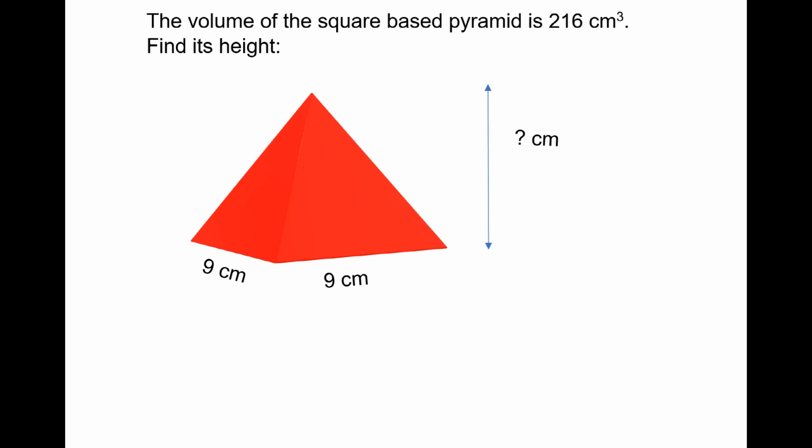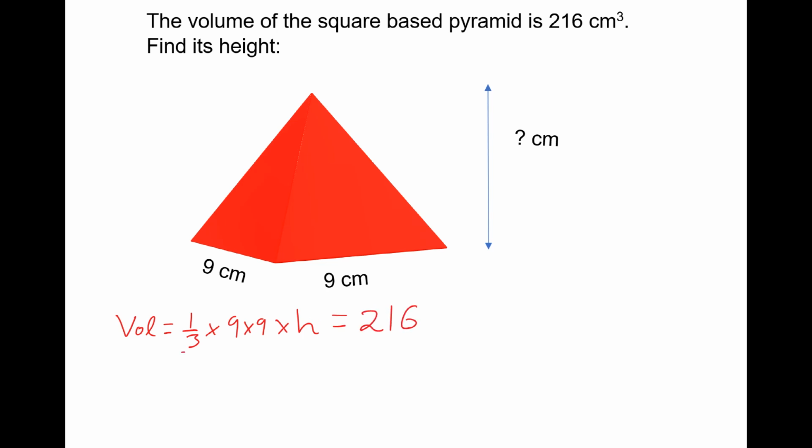In this question, we're told that the volume of the square base pyramid is 216. Find its height. Well, it's a square base pyramid, and the side of the square is 9. So to work out the volume, we would normally do 1/3 times the base area, which is 9 times 9, 81. And then we would times by the height, but we don't know what that is. So I'm just going to call it h. And that will give us 216.